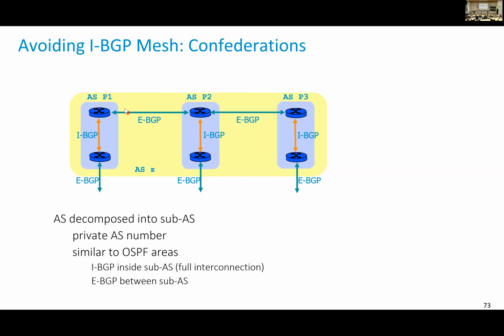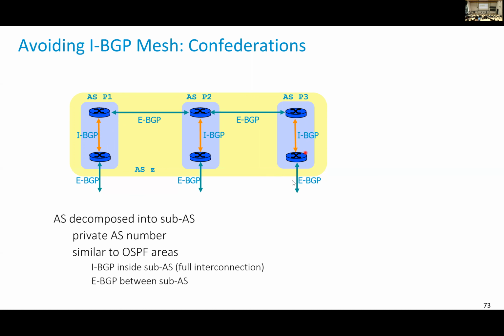A confederation is a structure of the IBGP mesh where some routers are used as bulletin boards, where when a BGP router has some information it wants to share with all routers inside the domain, it will share it only with one of the internal BGP routers, which is the head of its local domain here.